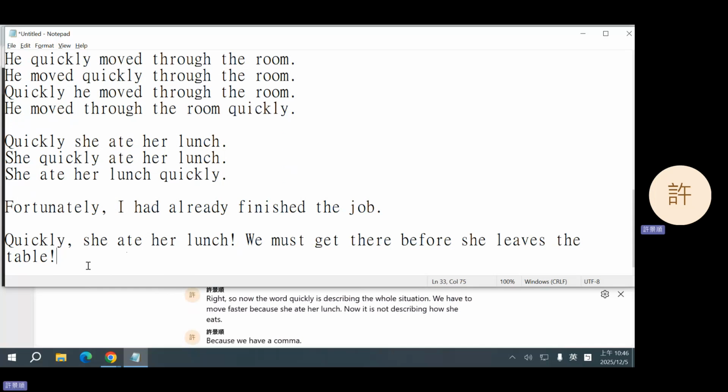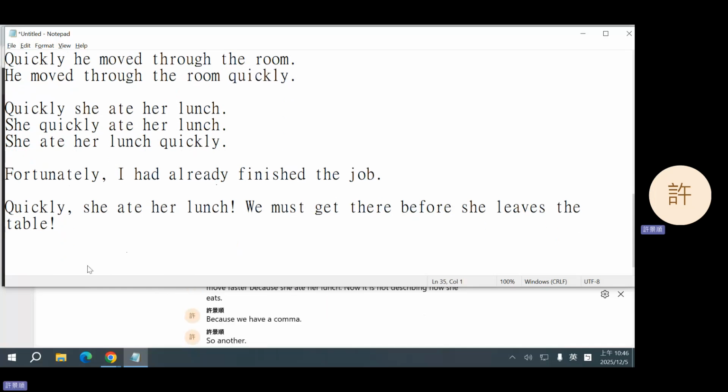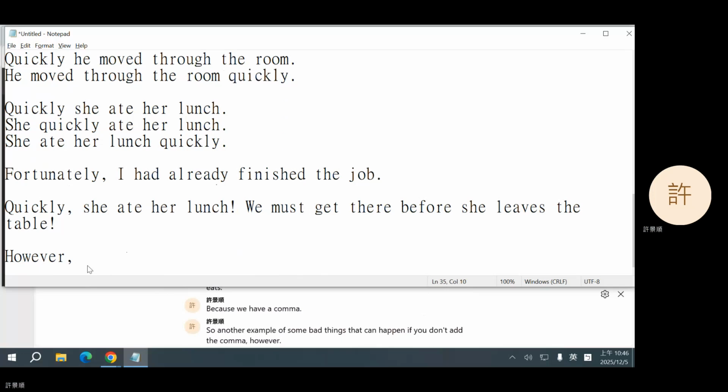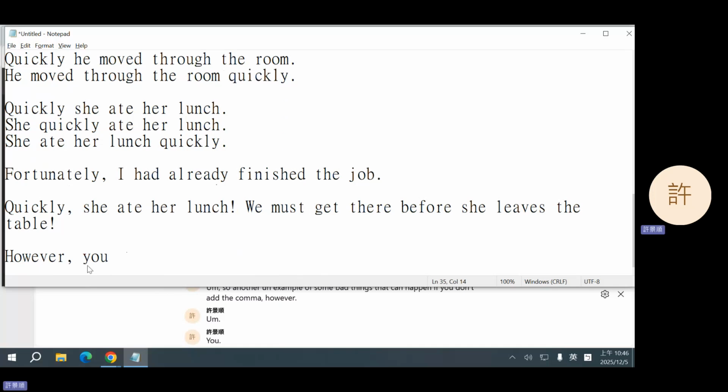So another example of some bad things that can happen if you don't add the comma. However, you walked home.